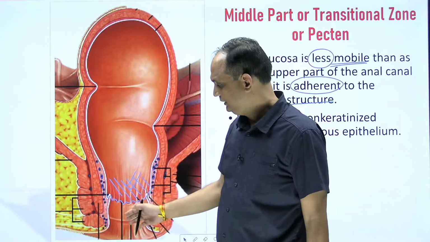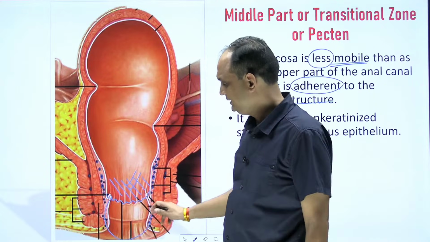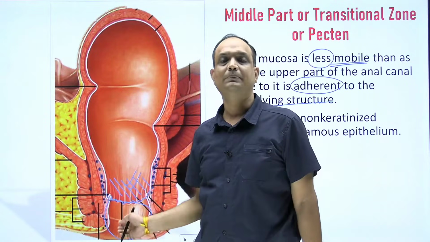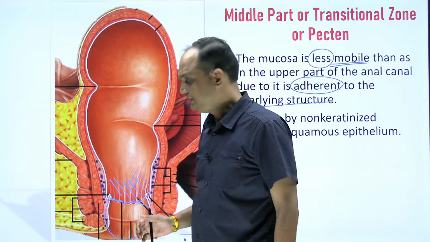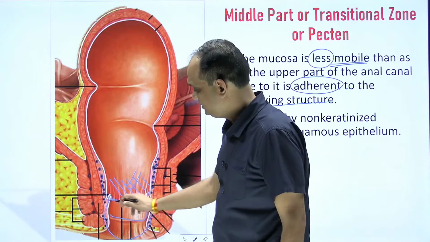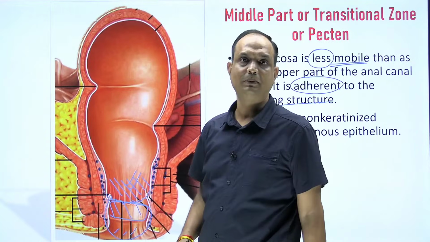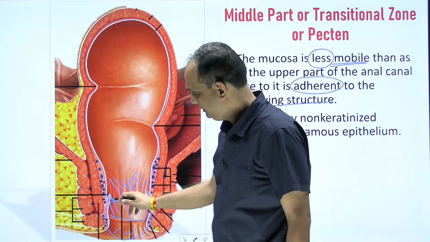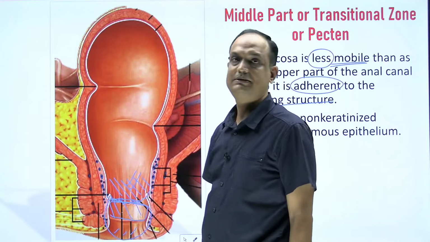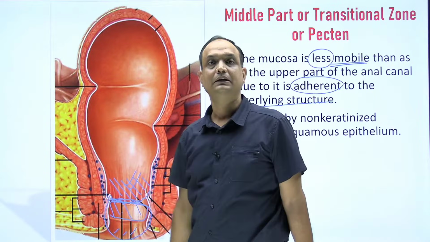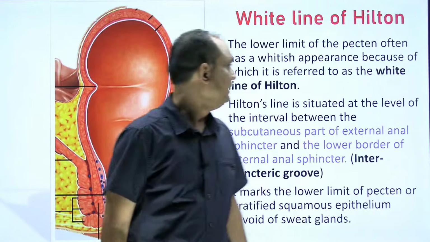But when you go below this, you will find that this area develops from ectoderm, so the epithelium is non-keratinized stratified squamous in this transition zone. Below the pectinate line the epithelium is different from above the pectinate line.